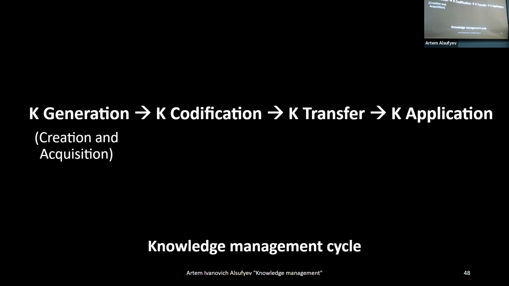Okay, generation, codification, transfer, application, pretty much the same idea except for application. Of course, we could apply this knowledge. How do we do that? Please remember the codification strategy. We have documents.